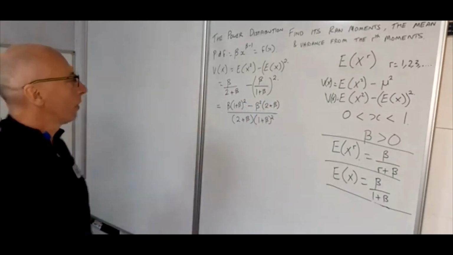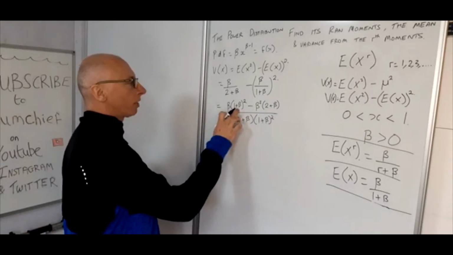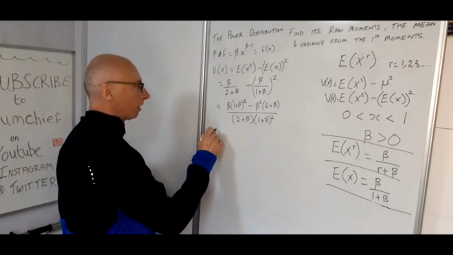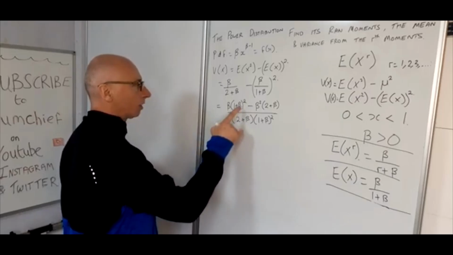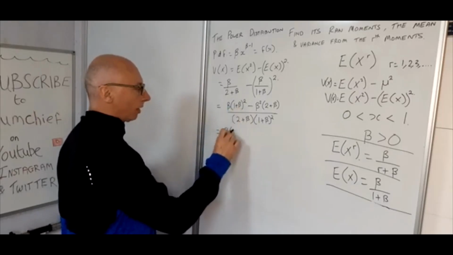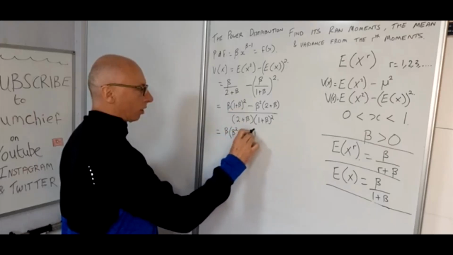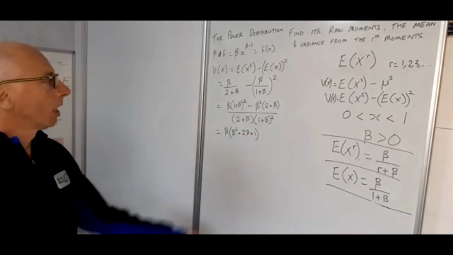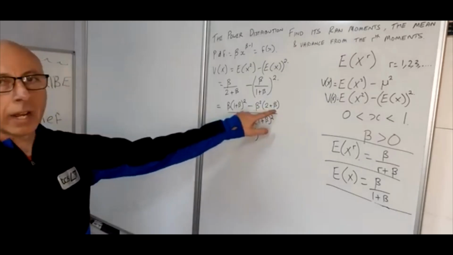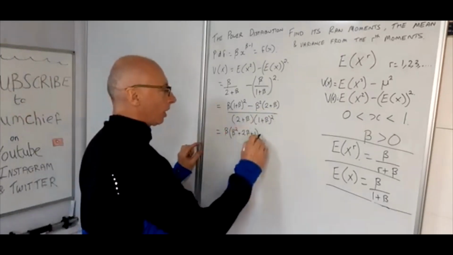Okay, let's simplify this off a little bit. We can FOIL this quadratic here. So we'll have a beta. Now 1 plus beta squared, we can do that pretty quickly in our head. That's going to produce that. And then this side, we just multiply out the beta squared with each term in the brackets.